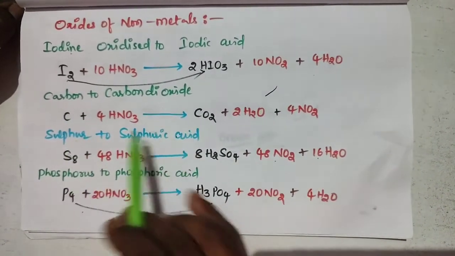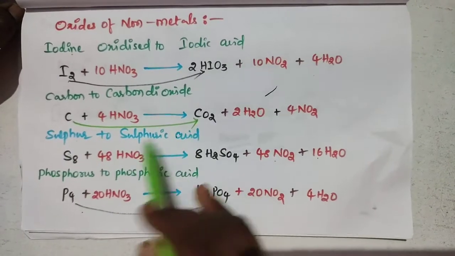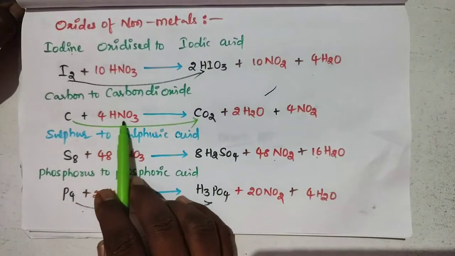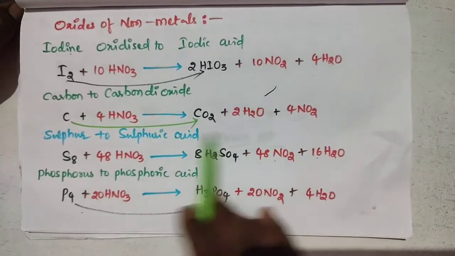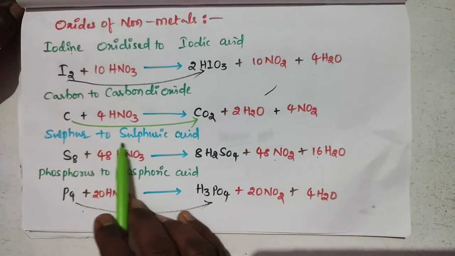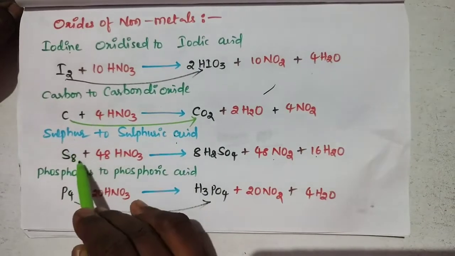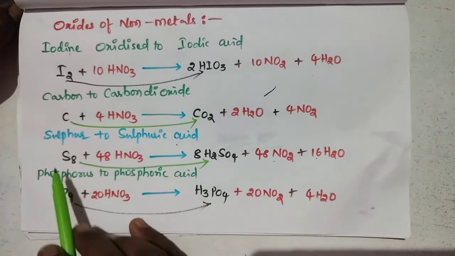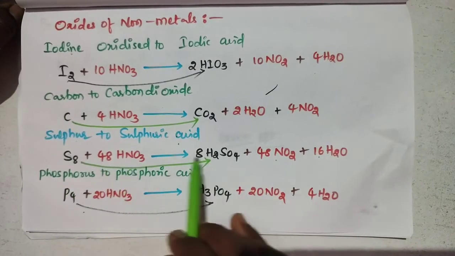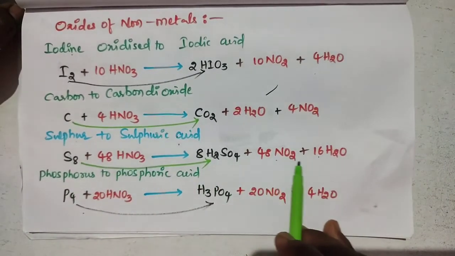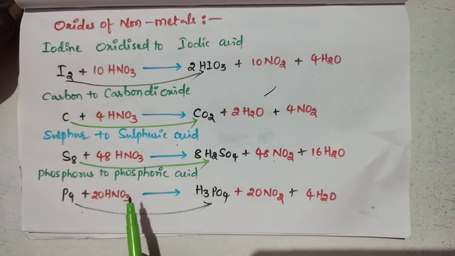By using 4 moles of HNO3, we get CO2 plus 2H2O plus 4NO2. Sulfur is also oxidized to sulfuric acid: S8 plus 48HNO3, we get 8H2SO4 plus 48NO2 plus 16H2O.